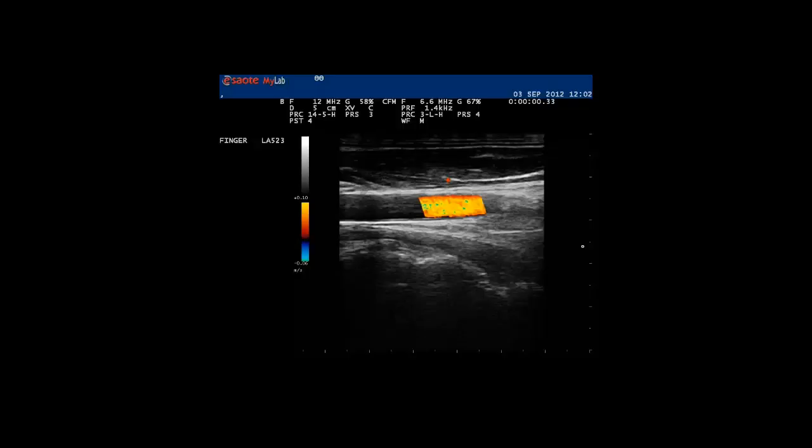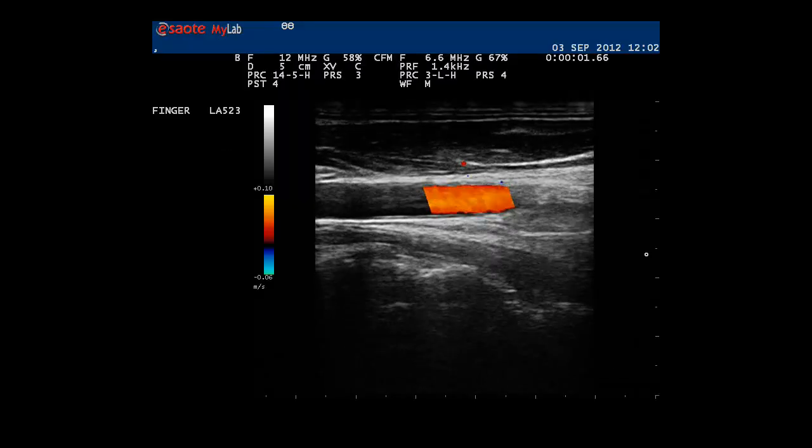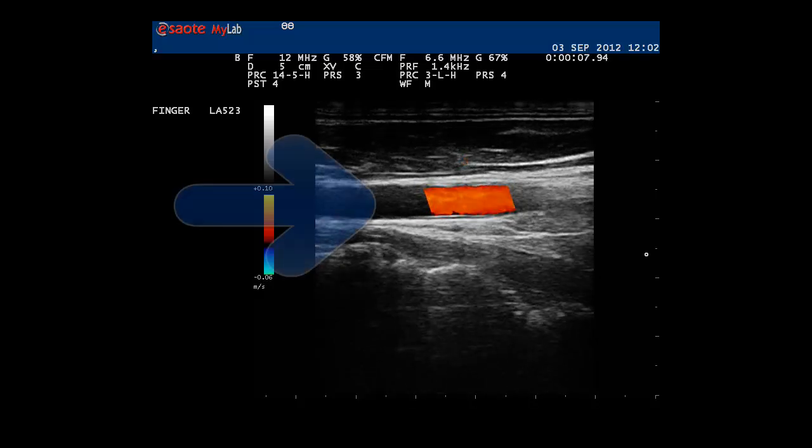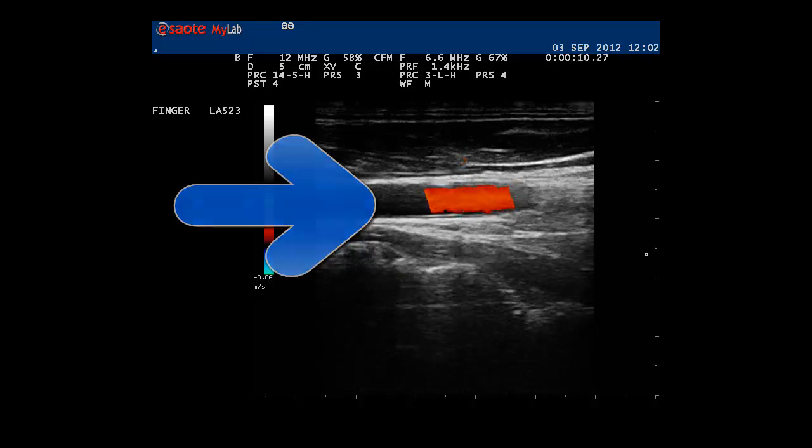Let's speak about all these options, and we begin with probably the most used diagnostic method for the artery system, the ultrasound. On this video you see typical pulsation of an artery.